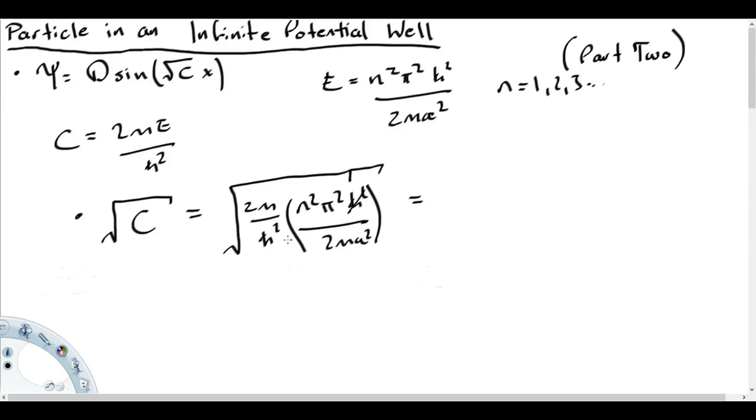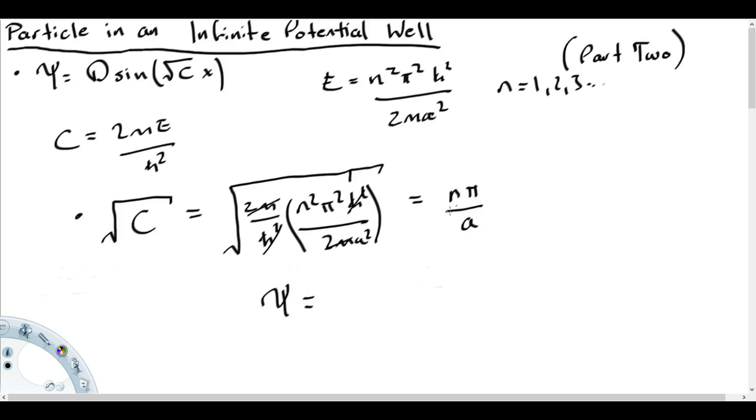The h bar squared cancels with this h bar squared, 2m cancels with this 2m, and all you're left with is n squared pi squared over a squared. This is all being square rooted, so everything here essentially reduces to n pi over a.